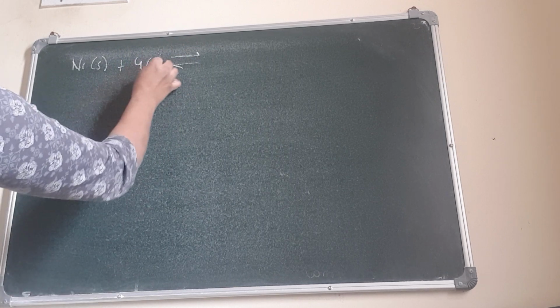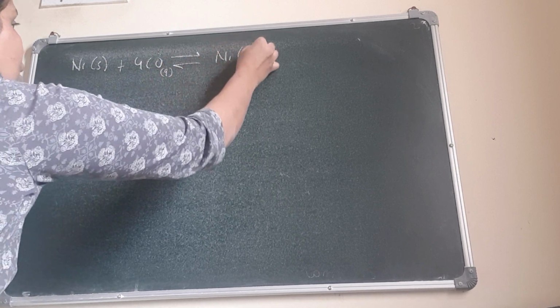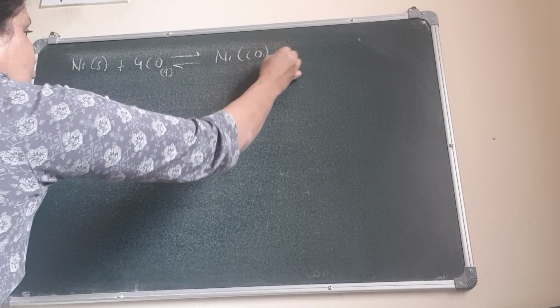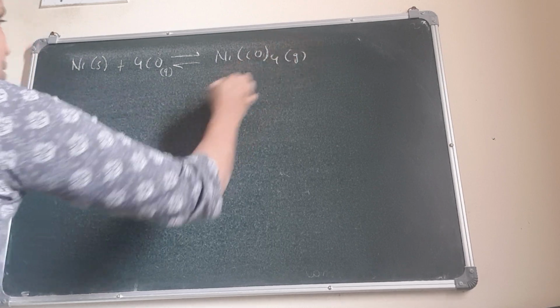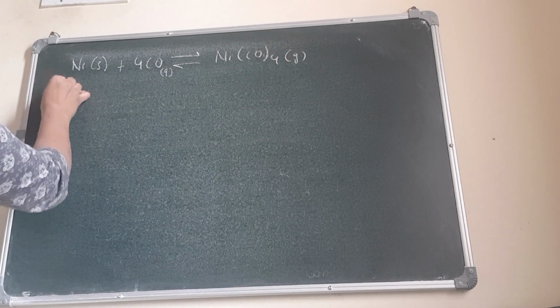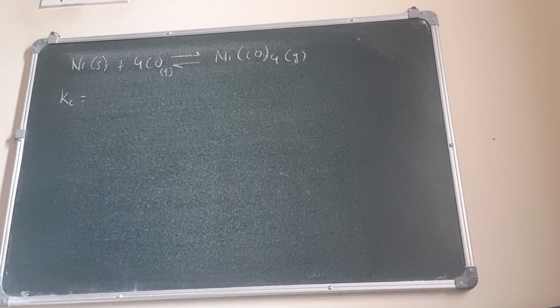Okay, now one more, let us talk about purification, like nickel when it is reacting with carbon monoxide. Nickel is a solid, this is a gas, to give you nickel carbonyl, which is a gas. Now, if you're talking about this reaction, what do you need to consider here? This I don't have to consider because it's a solid. The concentration is fixed, it does not vary, so it's insignificant.